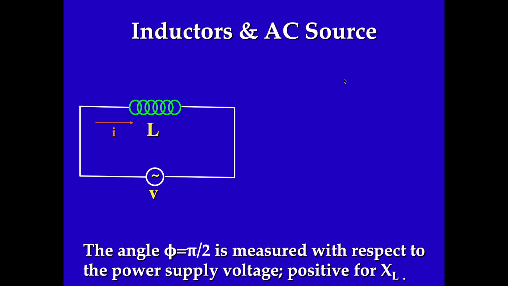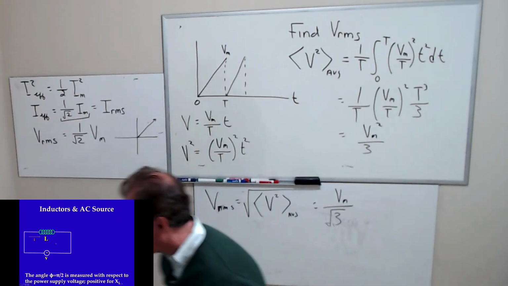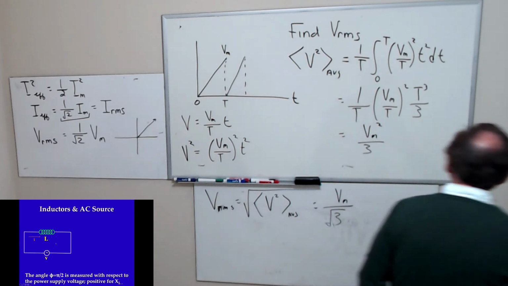Although the circuit I'm showing you right now is a fairly straightforward circuit. It's a circuit with an inductor and a power supply. Let me change views here. So let's say we have a circuit with an inductor.